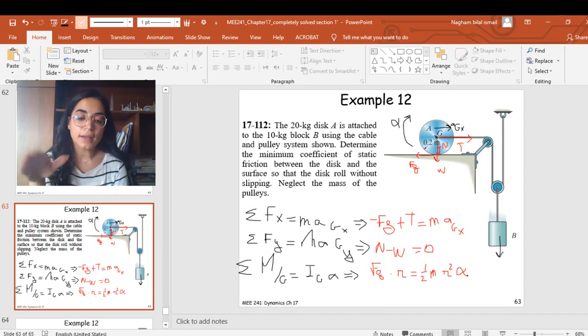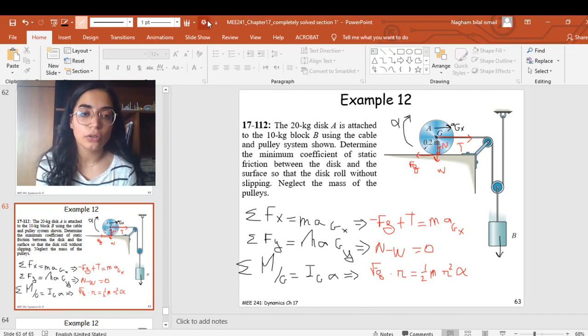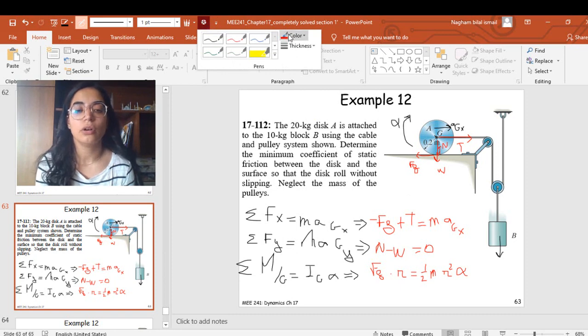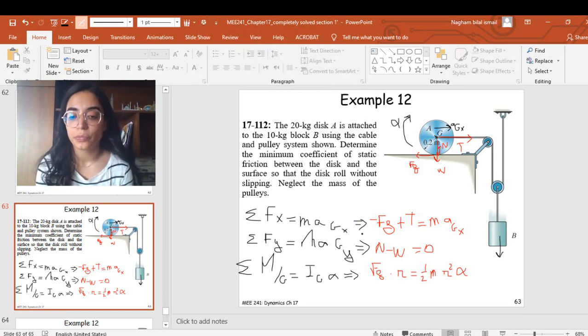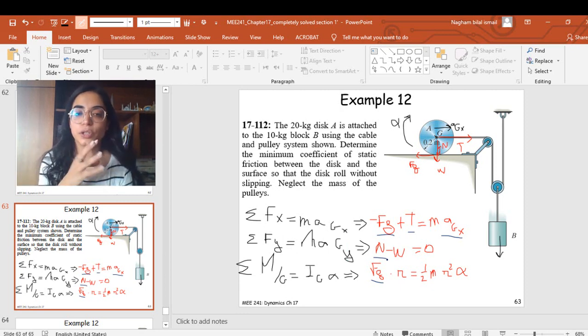Now, guys, let's underline all the parameters that are unknown in blue. I don't know F_f, I don't know T, I don't know a_Gx. You can also count N as your unknown, and then count this as an equation, or you can remove this equation knowing that the normal is equal to the weight.